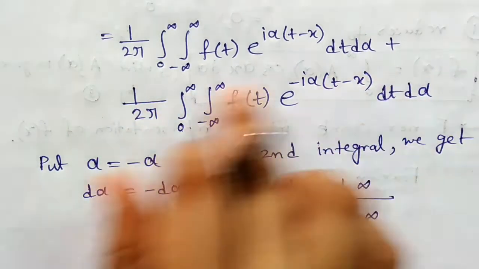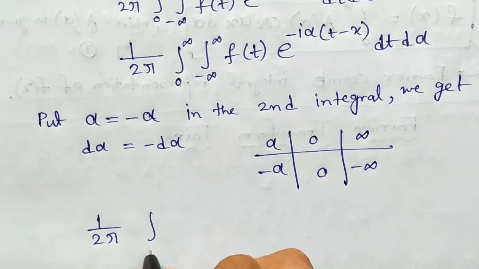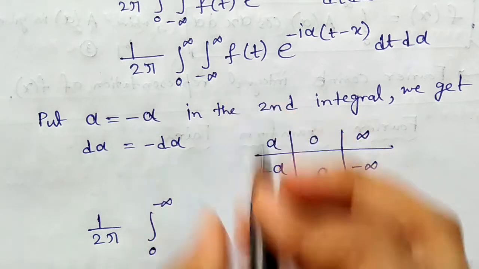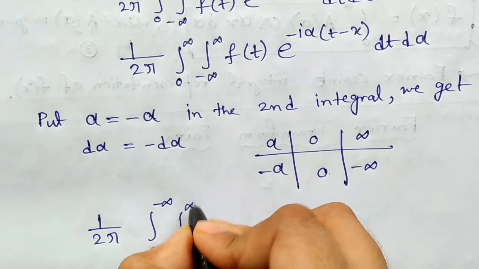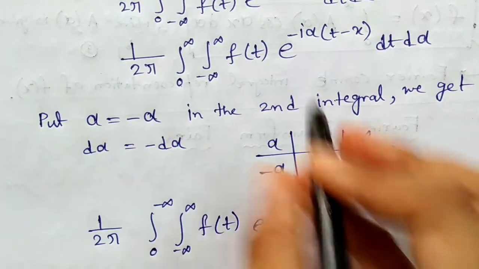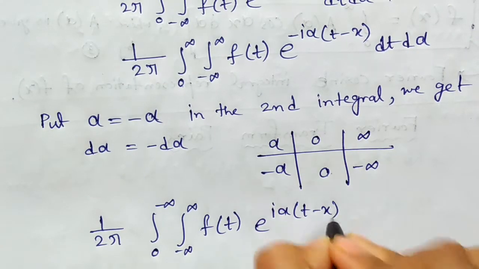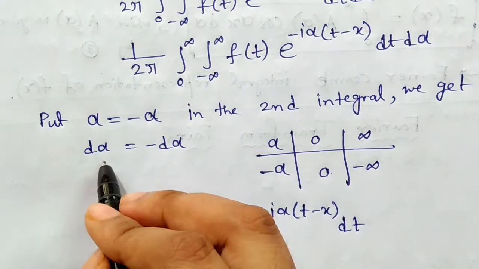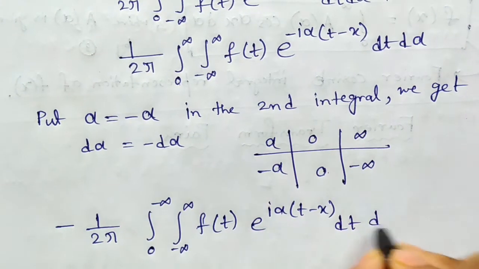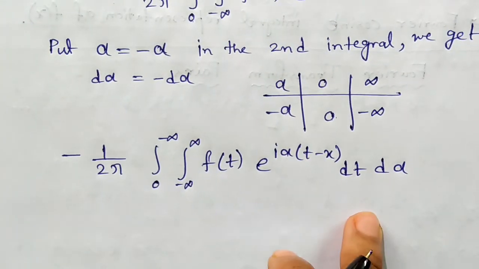So the second one reduces to 1 by 2 pi, integration 0 to minus infinity, integration minus infinity to infinity, f(t) e to the power i alpha(t minus x) dt, and d alpha will now be minus d alpha. So finally we get this.